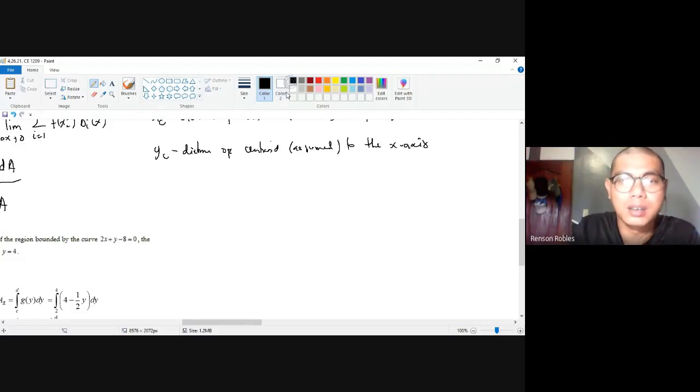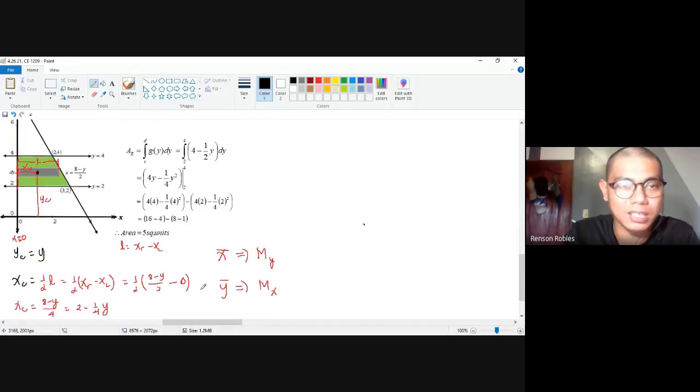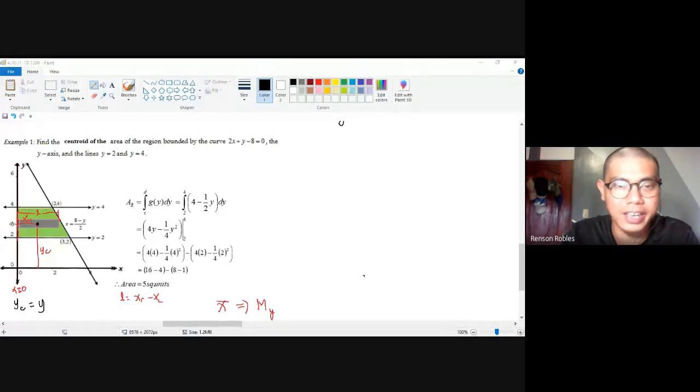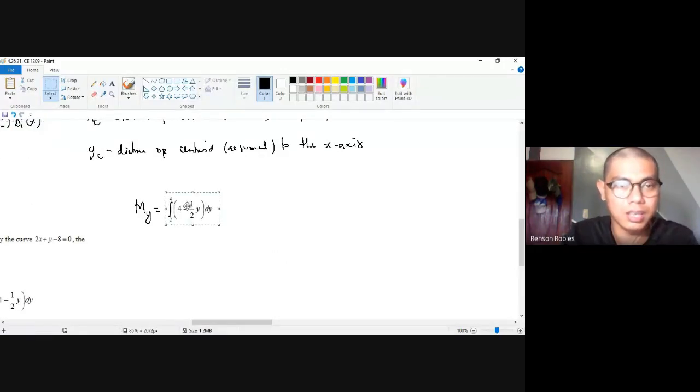Moment in y equals, so what we are going to do is get this expression as well. Itong sa area, kukopyahin ko lang from the equation ng area. And then, ano yung ilalagay natin dito?